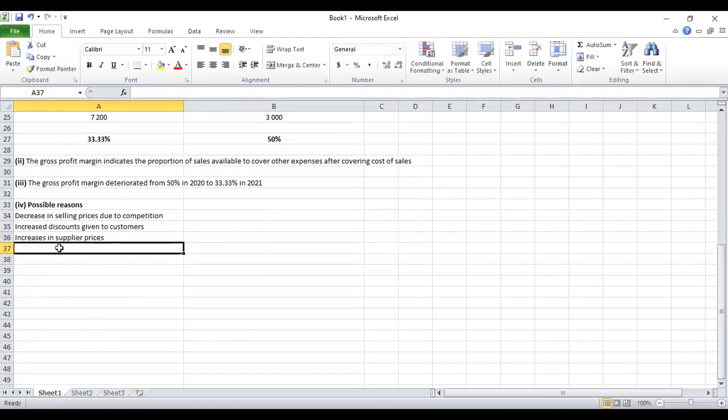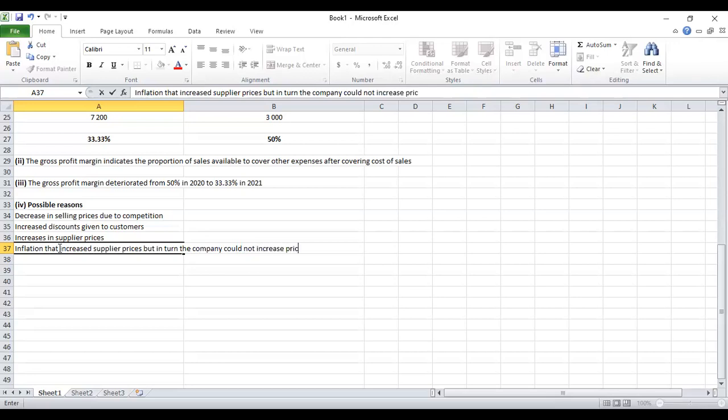You can talk about inflation that increased supplier prices, but in turn, the company did not increase prices, due to market circumstances.